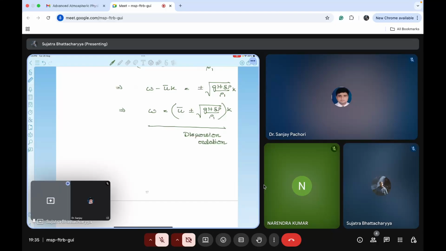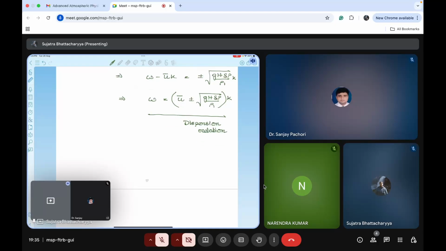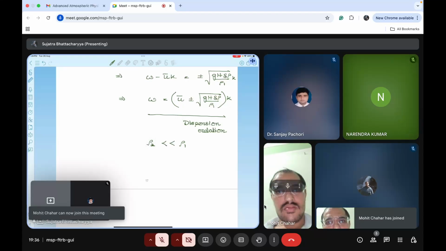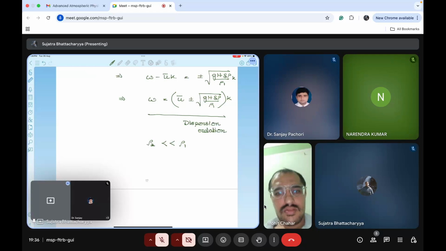Okay, now we will take the last assumption that your rho 2 is much smaller than rho 1. Just like the rho 2 is air and your rho 1 is, let's say, water. Okay, so rho 2, which is air, has much lower density, like 1.28 kg per meter cube, whereas water is about 1000, right?